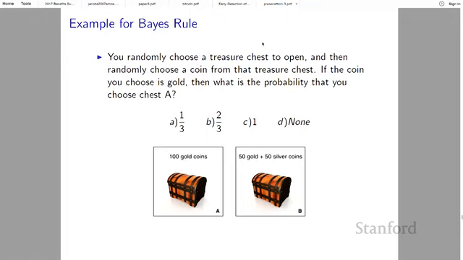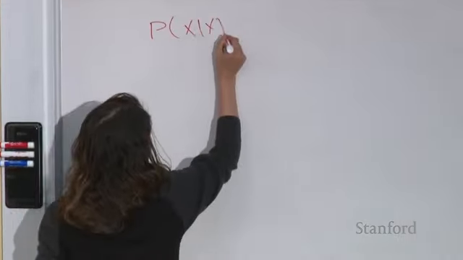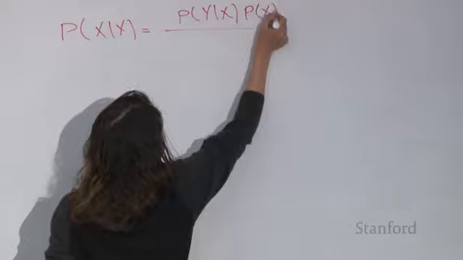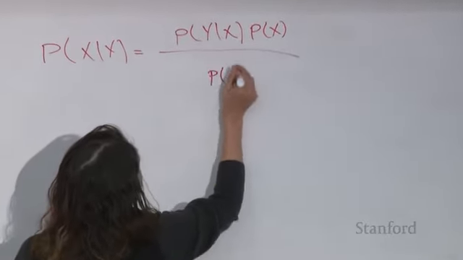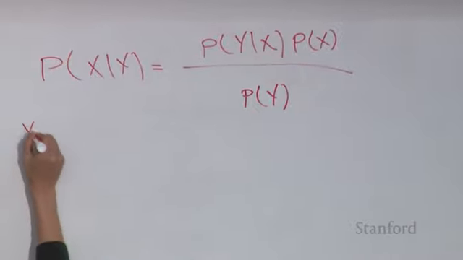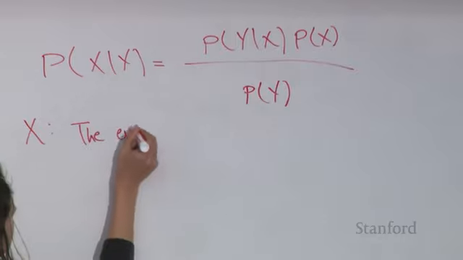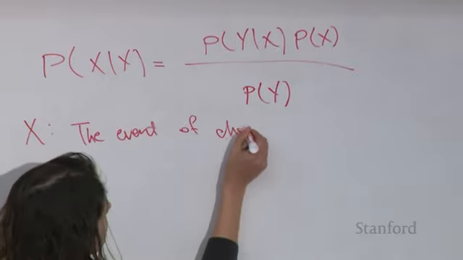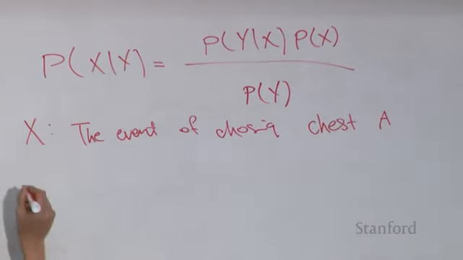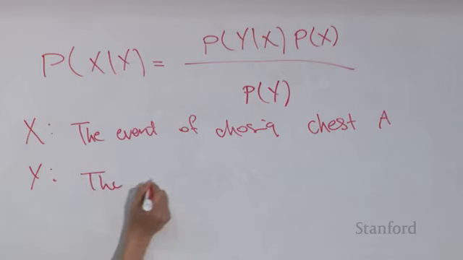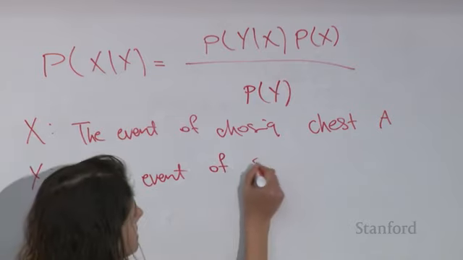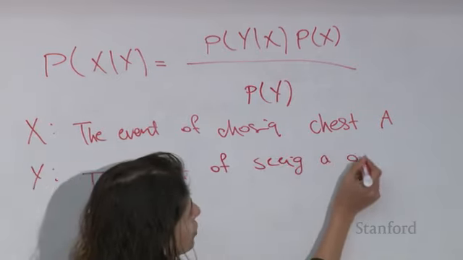So remember, Bayes rule says the probability of x given y equals the probability of y given x times the probability of x over the probability of y. Here, x is the event of choosing chest A, and y is the event of seeing a gold coin.